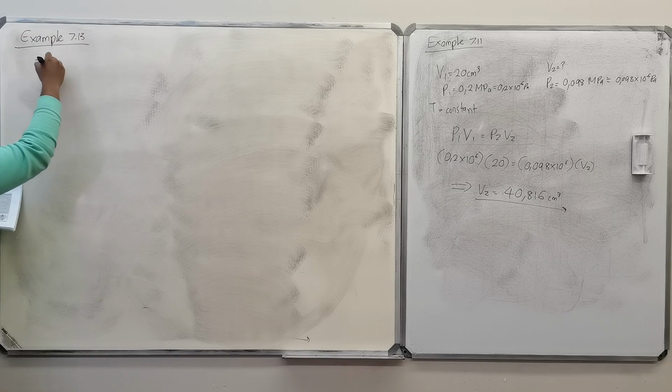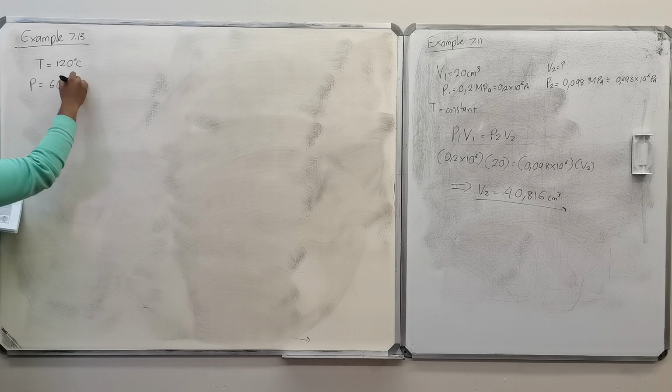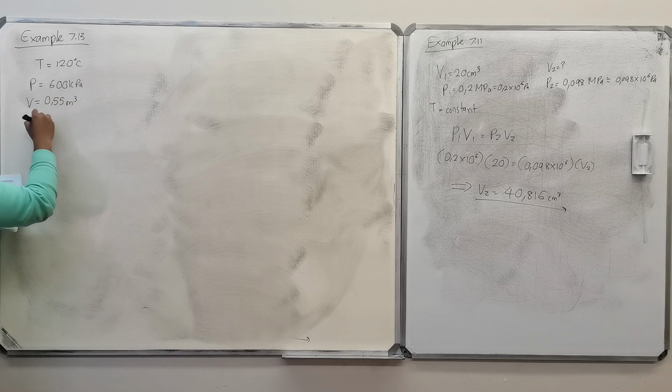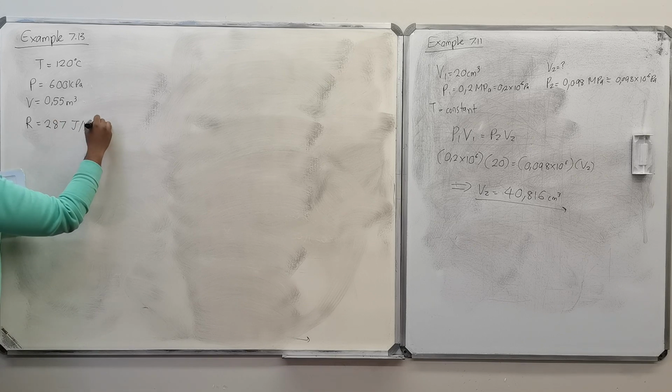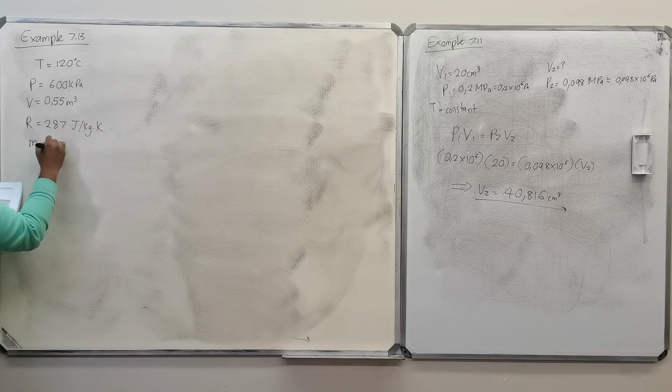They give you the temperature at 120 degrees Celsius, the pressure at 600 kPa, the volume at 0.55 meters cubed, and the gas constant of 287 joules per kg per Kelvin, and they want you to solve for m. So which formula would you use?